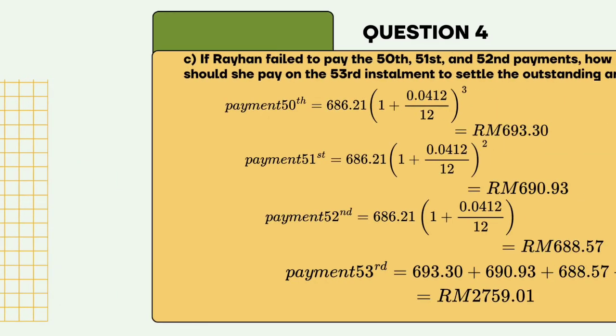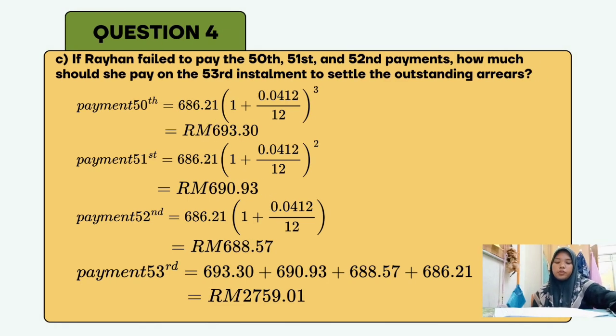15,782 ringgit 80. So for question 4C, we use S equals P times (1 plus i) to the power n. We made payments from payment 15 until payment 53.